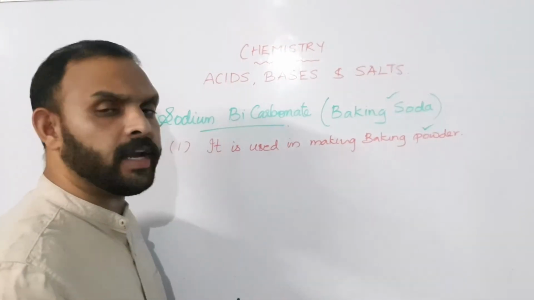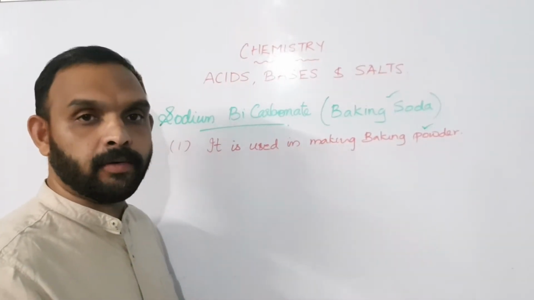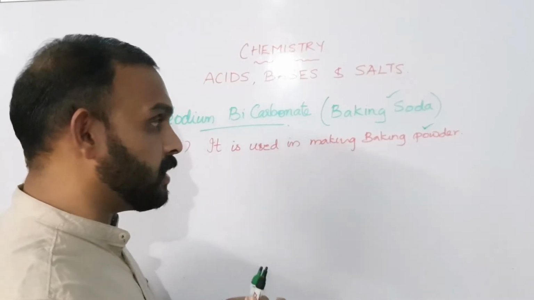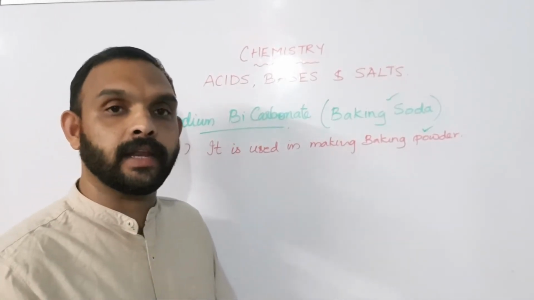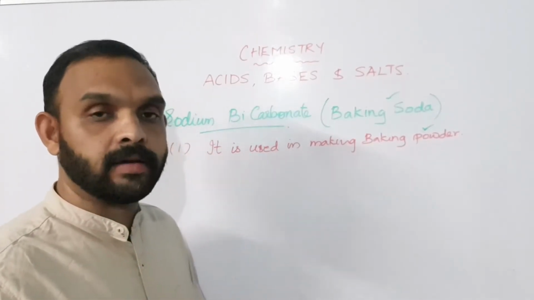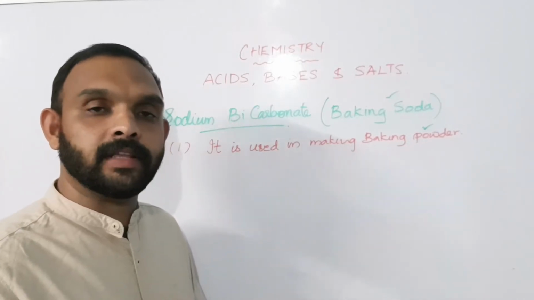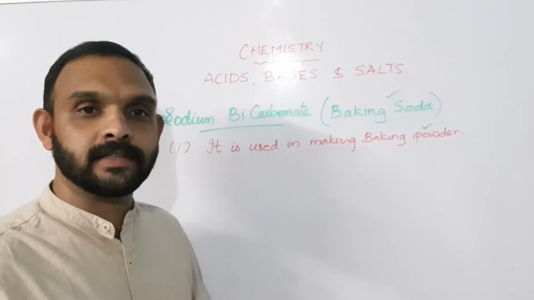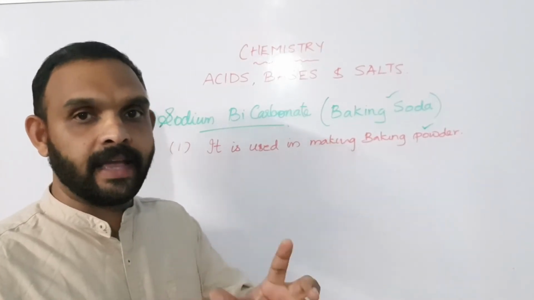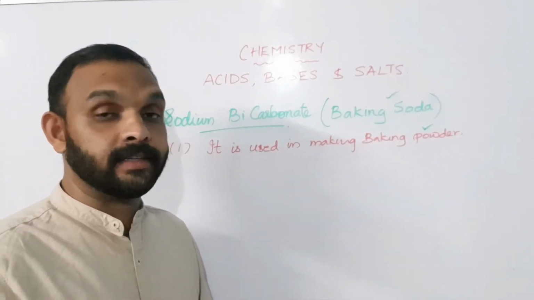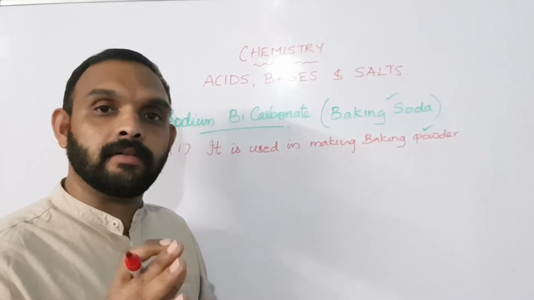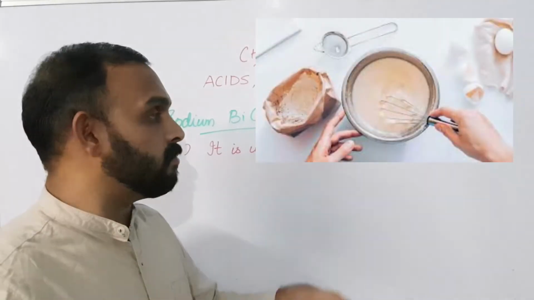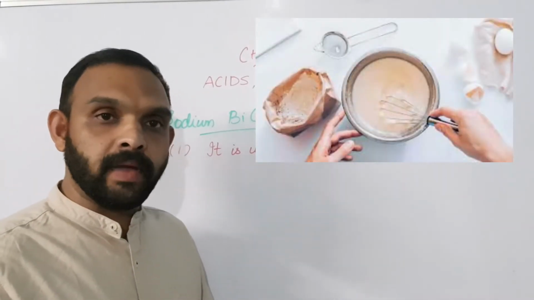We know the main use of baking powder: it is commonly used in confectionaries and bakery products. The reason is to get more crispiness and to get the cake more fluffy.